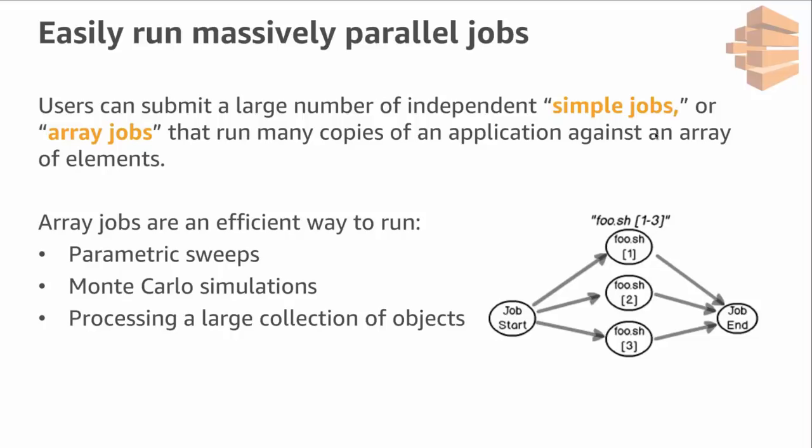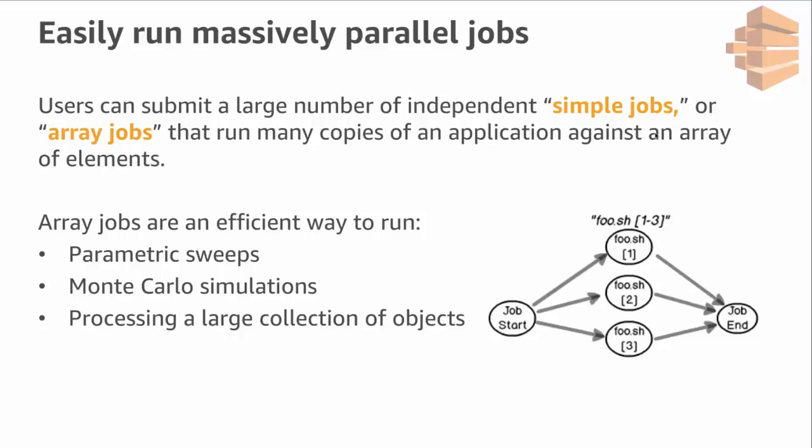So array jobs are an efficient way to run lots of different things: Monte Carlo simulations, processing a large collection of objects, and in my demo, we'll actually run through an example process here. But again, point being, if you can set your jobs up in an array fashion, Batch is designed to take that into consideration when it's spinning up your environment and your jobs.